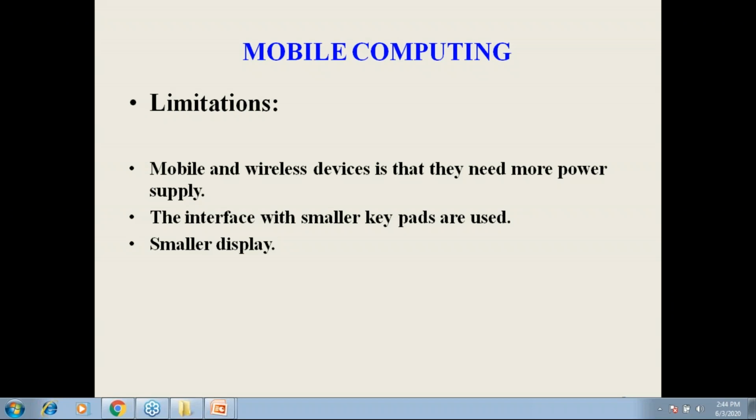Please read these abbreviations carefully, because the majority of these abbreviations are chosen from the examination point of view. Like we have already studied DHCP, in computer networks, Dynamic Host Configuration Protocol. Then DAB, Digital Audio Broadcasting.